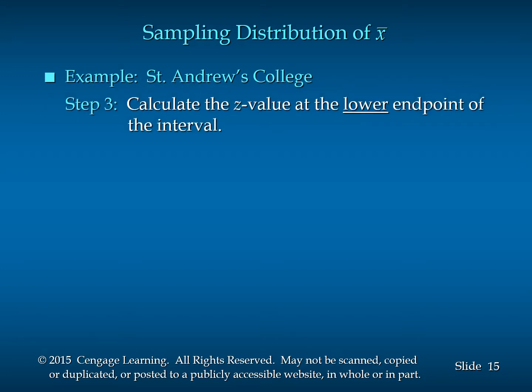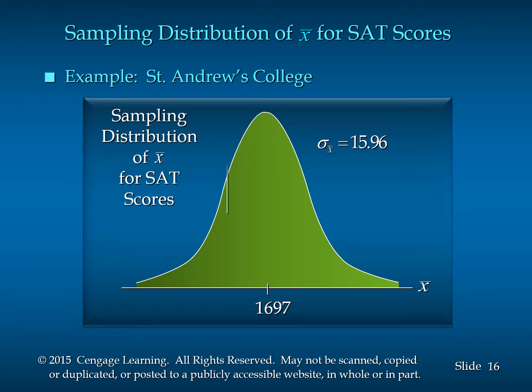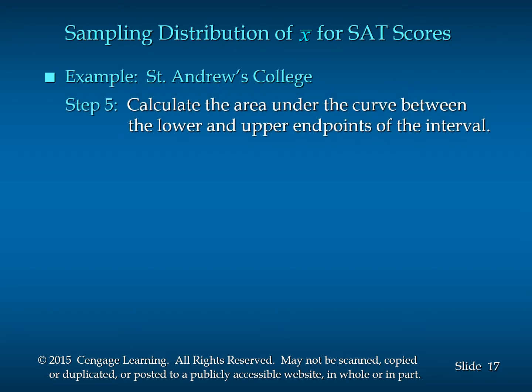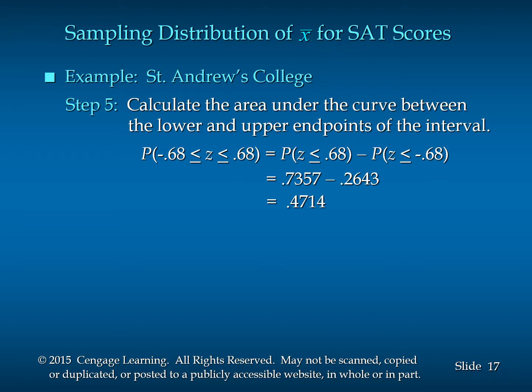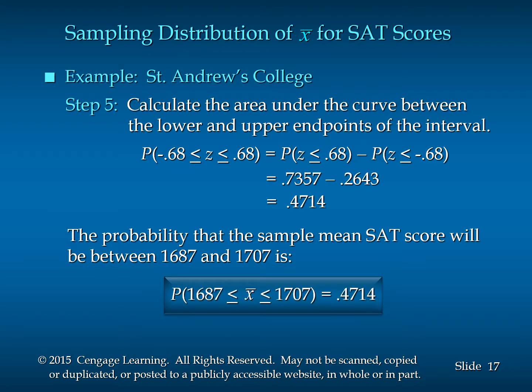For the lower limit of 1687, we find an area or probability of 0.2643 from the z-score, as we see in this diagram. Therefore, the area or the probability between those two limits, 1687 and 1707, will be 0.4714 or 47%. Therefore, the probability that the sample mean of SAT scores will be between those two values is 47%.